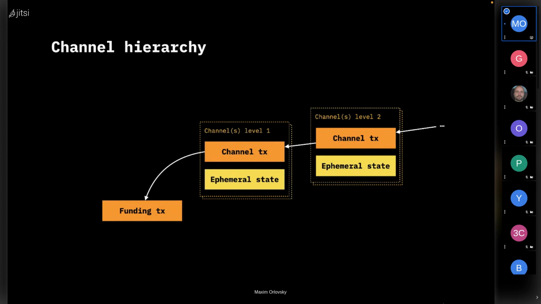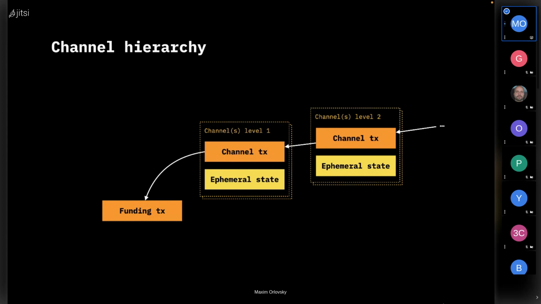Using that funding transaction, you create some channel type. On top of that channel type, you can create another channel, and you can put the funding transaction as a part of the channel on level 1. And you can compose channels on top of channels in that way quite a lot.